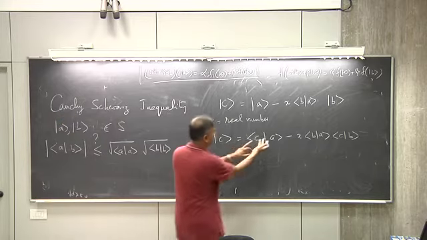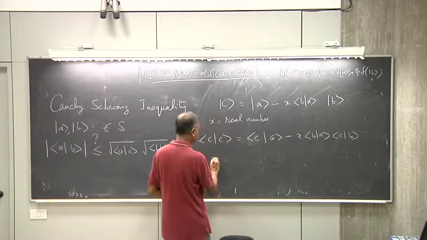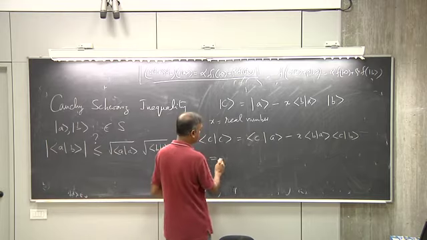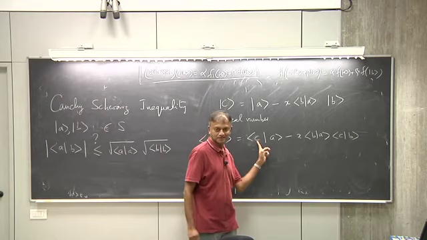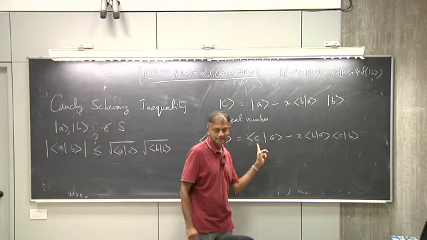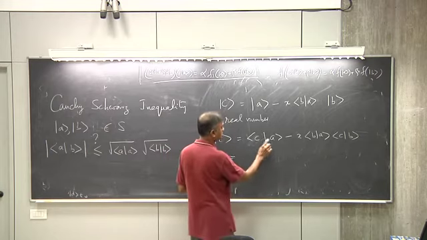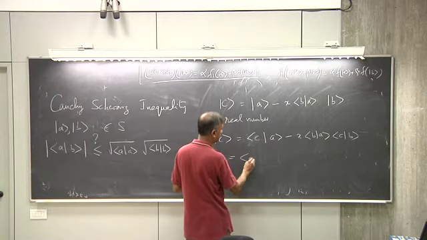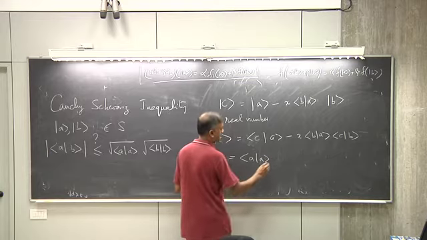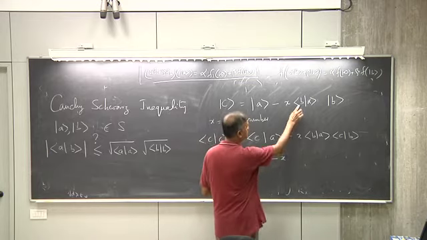And now I again use the fact that, you remember, the scalar product was antilinear with respect to the first argument. So once again use the antilinearity property for this thing. You find here A with C minus x times the complex conjugate.